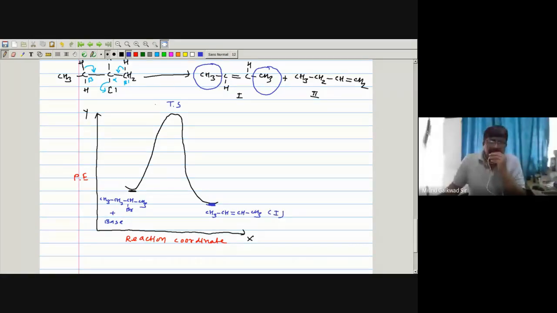It is seen that if there is a formation of compound number 2, then in this case the energy for this one is more as compared to the previous one. So this is the energy of the reactant.